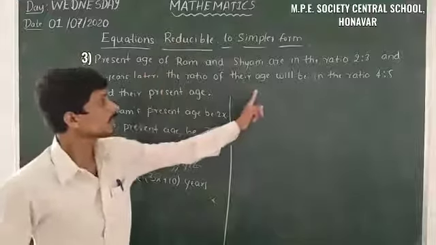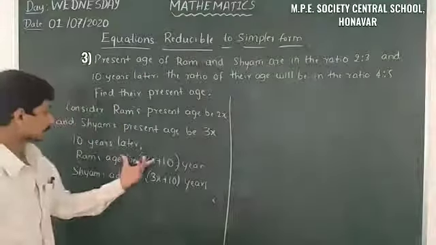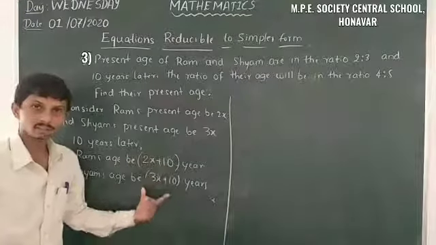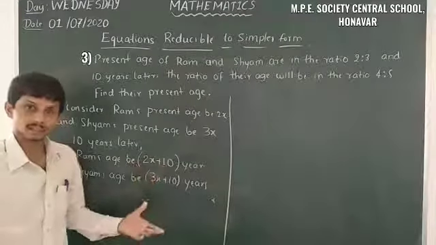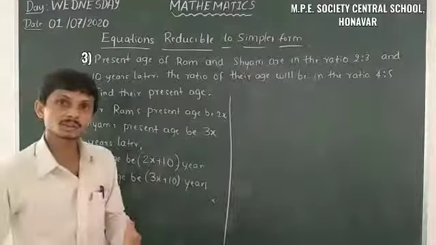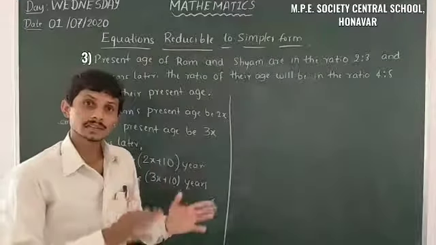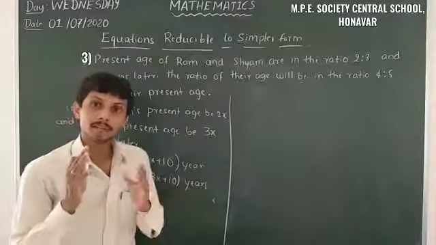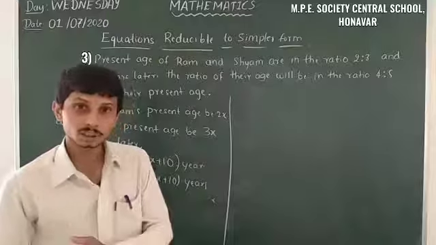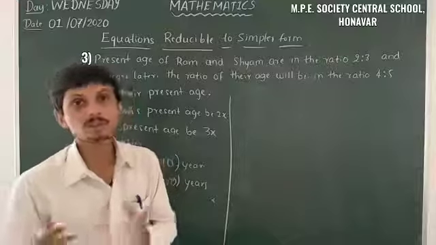Then the ratio of the ages will be 4:5. After dividing their ages after 10 years, their ratio turns into 4:5. At present their ages are in the ratio 2:3, and after 10 years their ages are in the ratio 4:5.